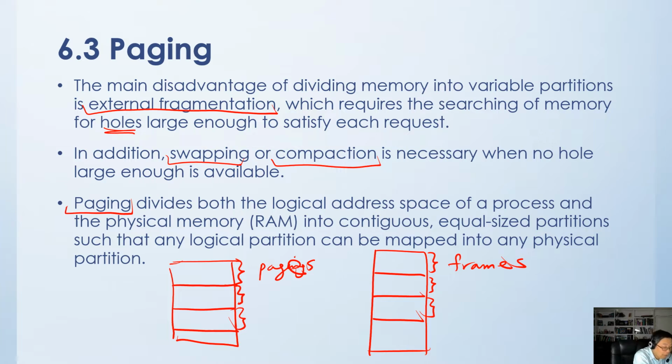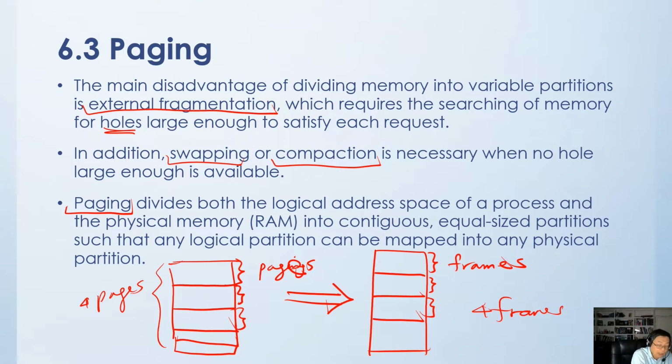When we load the program into the physical memory, instead of finding a hole to put the whole process into the physical memory, we just match the pages. Let's say this program requires, for example, 4 pages. Then we just need to find 4 frames in the physical memory and fit each page into a frame.